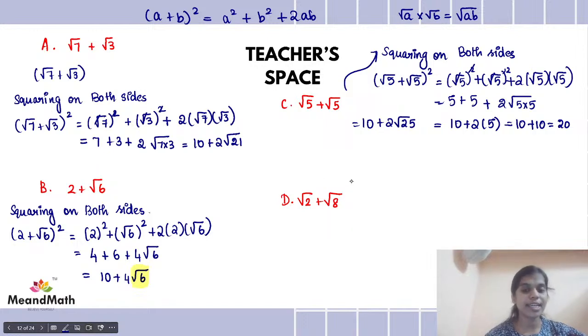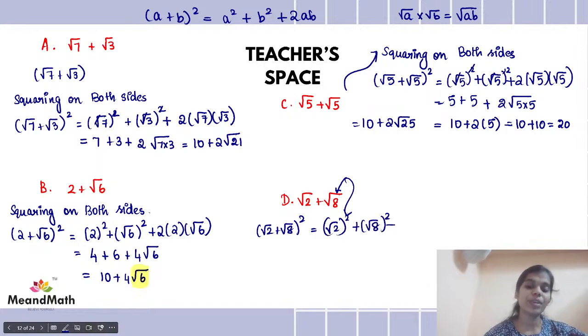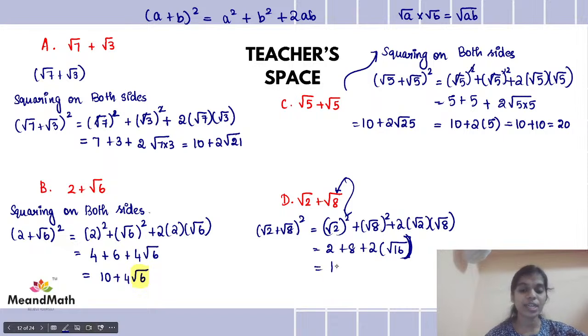Now, coming to option D, again squaring on both sides. Root 2 plus root 8 the whole square, A square plus B square plus 2 into A into B. 2 plus 8 plus 2 into root 16. 8 twos are 16. 16 is a perfect square. So 10 plus 2 into 4, that is 18.